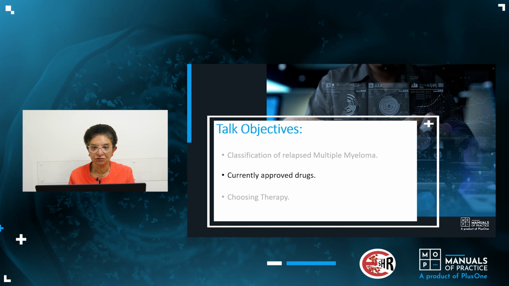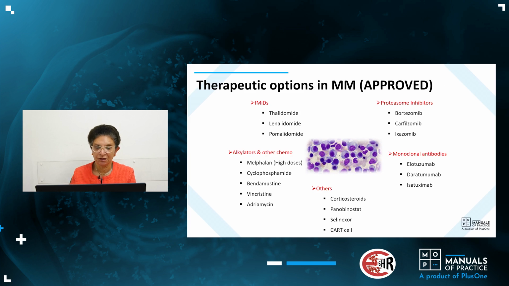After discussing which type of relapsed patient you have, you need to look at the currently approved drugs and see if any drug would be better, for example, for high risk groups or not. These are the therapeutic options in multiple myeloma. These of course include the immunomodulators, including thalidomide, lenalidomide, or pomalidomide.